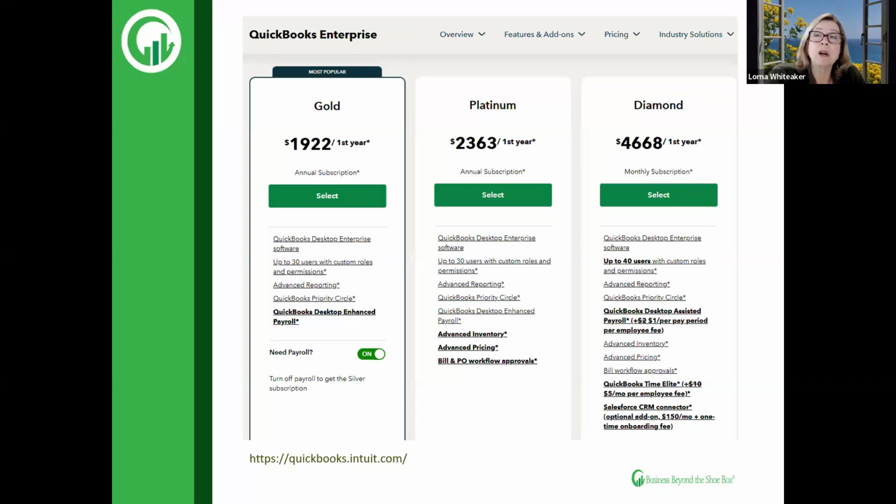Now, we're not talking about QuickBooks Enterprise or Desktop any longer, mostly because they sunsetted it, meaning they're no longer offering their affordable desktop version. They're now wanting a much higher premium type of software. QuickBooks is powerful.